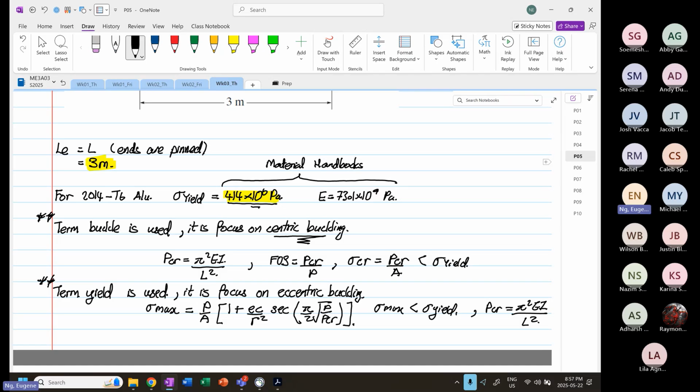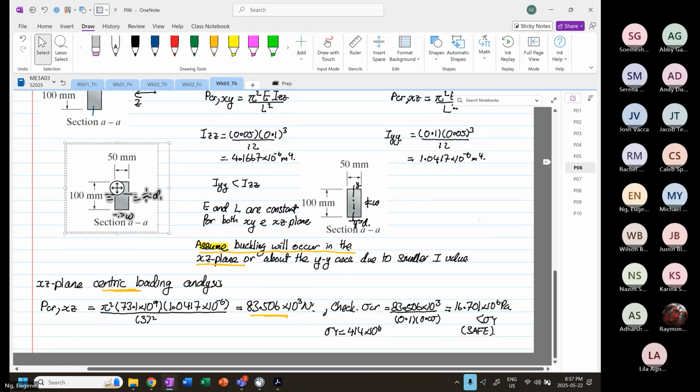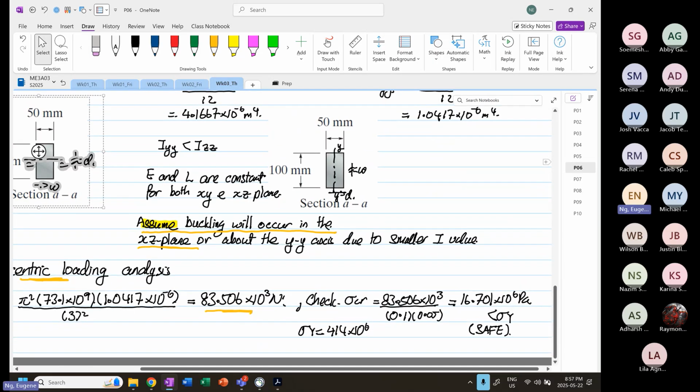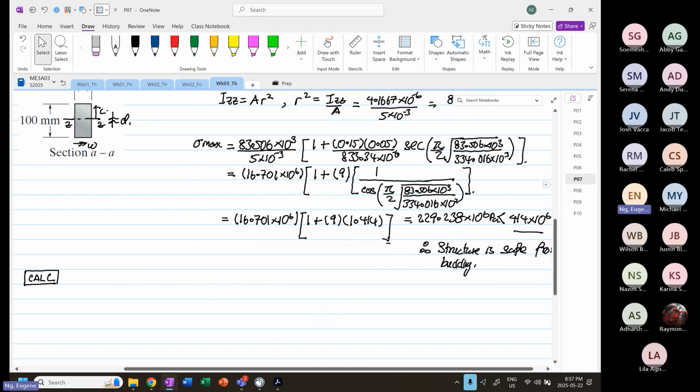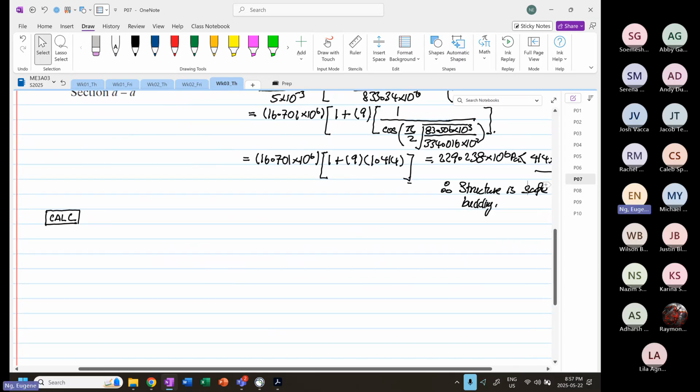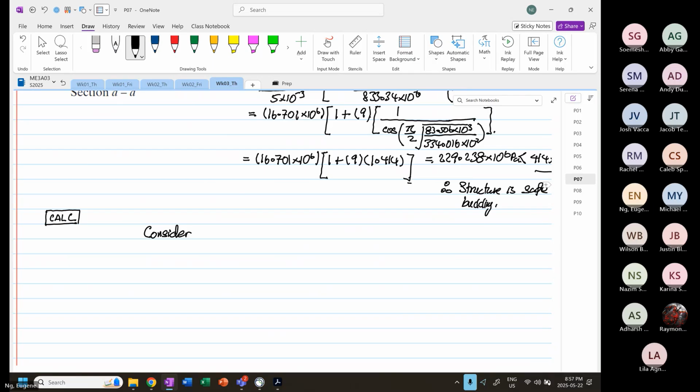Right. So now, remember we made an assumption. We assumed that buckling will occur in the XY plane and about the YY axis due to a smaller I value. Now, to confirm that this is true, we are going to consider P due to eccentric buckling.